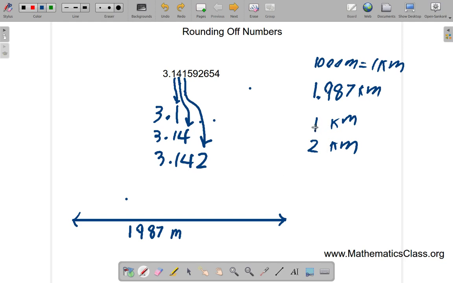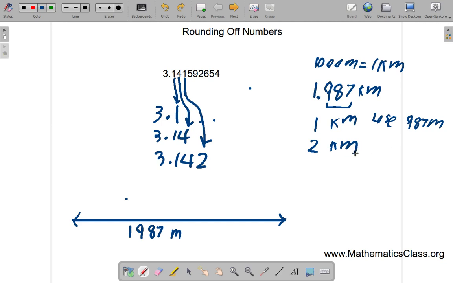If you would write 1 kilometer, it would be a bit short, and you would lose some value. If you subtract 1000 from this and you write 1 kilometer, you would have lost all of this distance, the 987. So you would lose 987 meters.